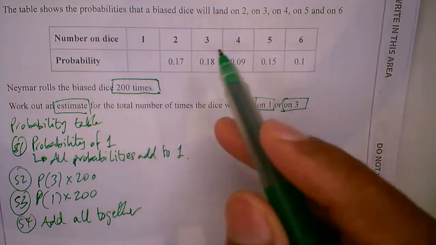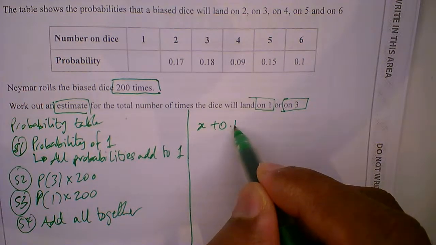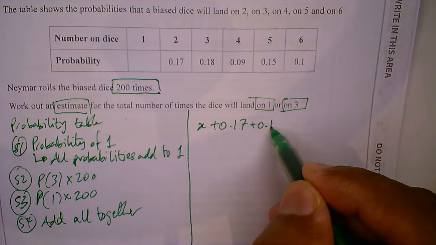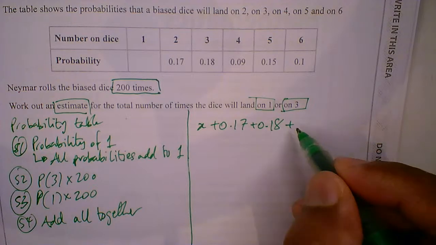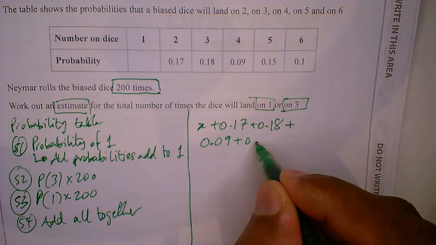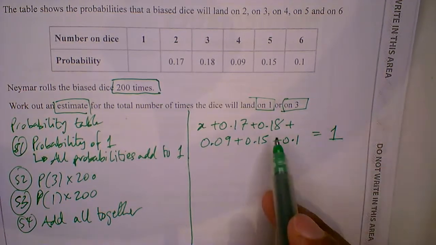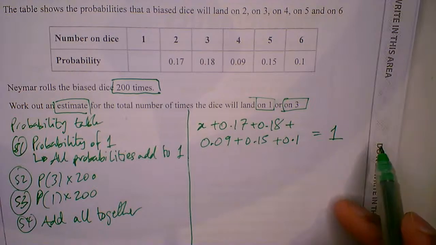So if we label this x, x plus 0.17 plus 0.18 plus 0.09 plus 0.15 plus 0.1 equals 1. All of these probabilities add up to make 1.